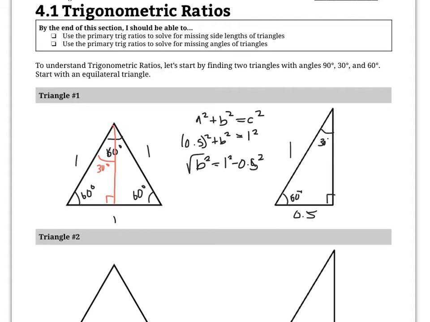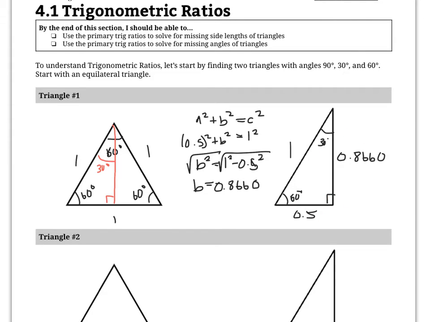Then we're just going to square root that, and we get this decimal, 0.8660. So we'll just put 0.8660. That's what this side length is, approximately.